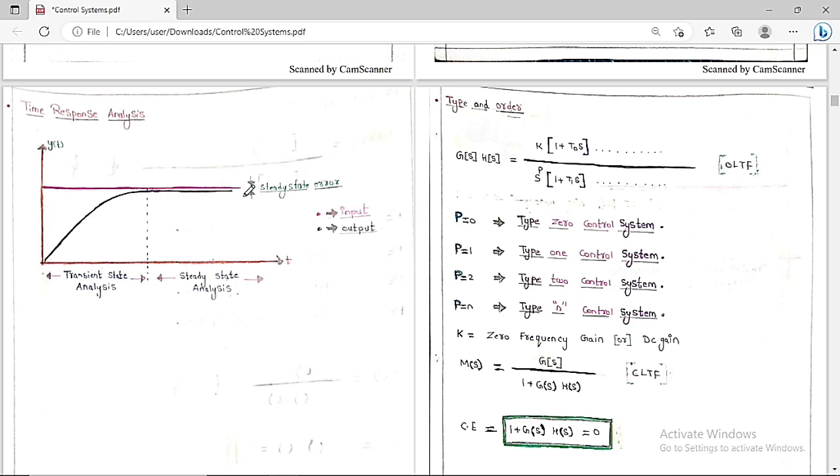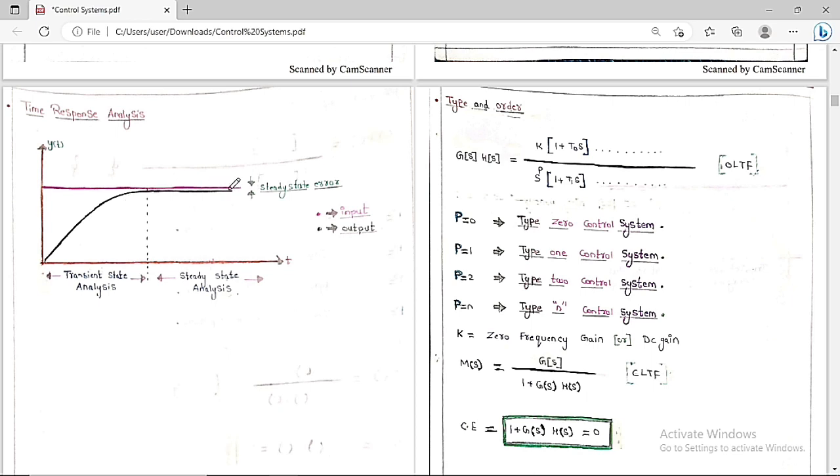Finally, you can see there is some steady state error between the desired output and the actual output that you are going to get. Whatever the input is, I want this input itself as the output. Input itself is the desired output, and this is the actual output that we get.